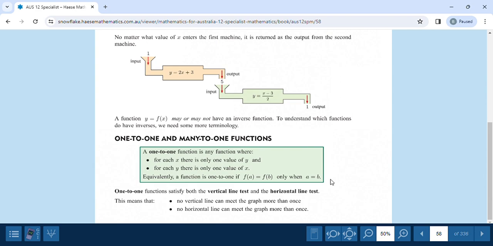That basically means that, say you've got a quadratic function, and you input a value of x and get a value of y. Say you've got y equals x squared, and you input x equals 2, and you get 4.